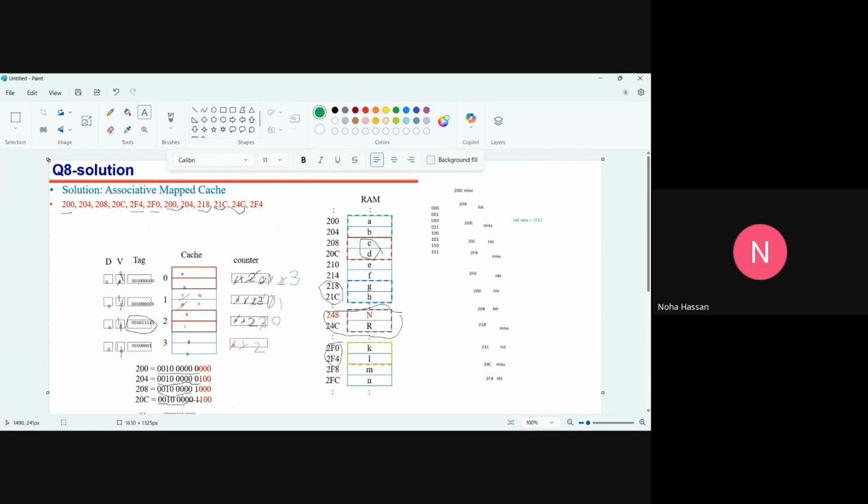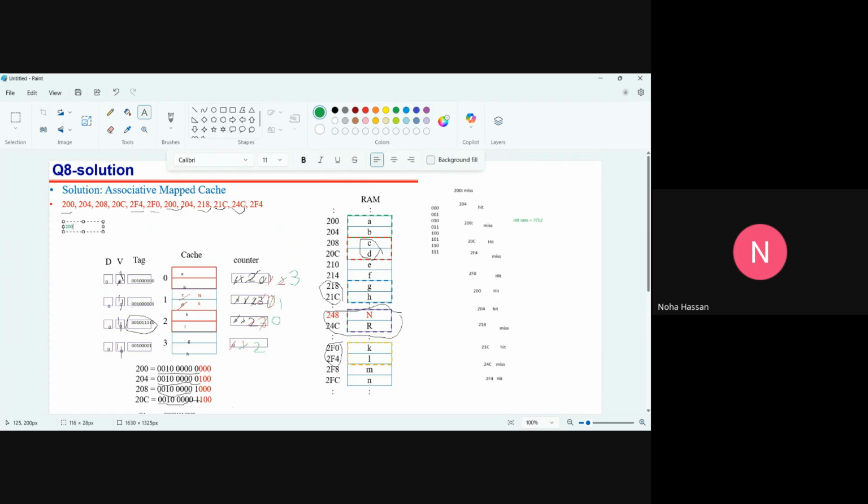Okay, and of course, the question is asking about another rounds. Okay, so what you have to do, if there is another round, you have to repeat this sequence one more time, and you have to start with address 200 again, okay, because we'll start from the first address, and of course, it's going to be there. Okay, it's a hit.